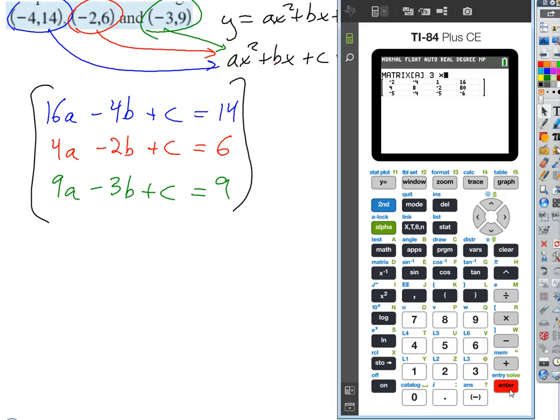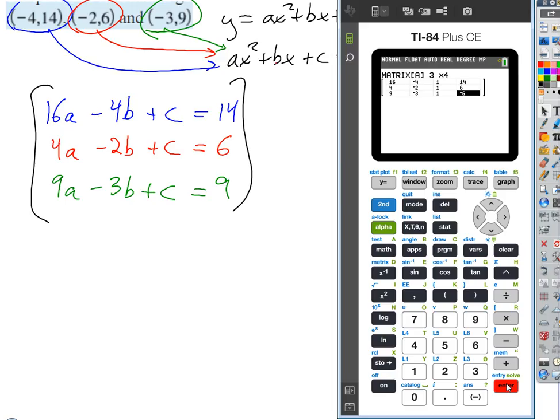So what's the first row going to be? 16, enter, -4, enter, 1, enter, 14, etc. I'll just throw this in real quick. The next one would be 4, -2, 1, 6, and then finally 9, -3, 1, and 9.